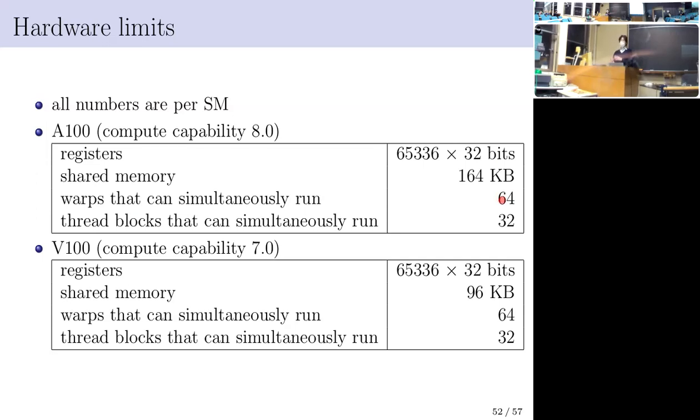So no matter how much you reduce the registers and shared memory you use, a single streaming multiprocessor can simultaneously run only up to 64 warps. And the other is the number of thread blocks that can simultaneously run, which is 32.